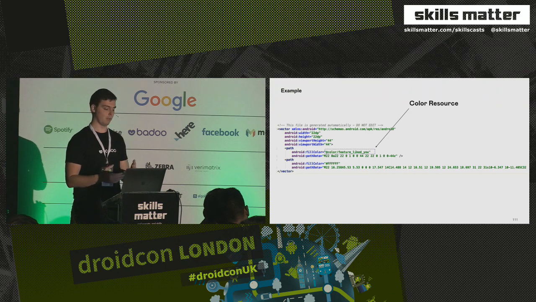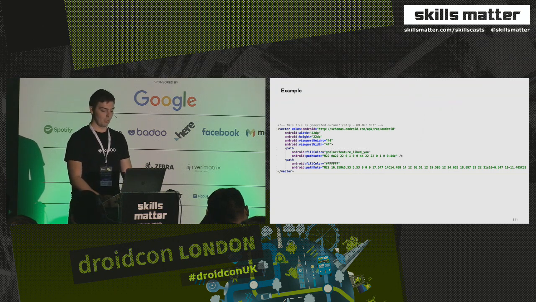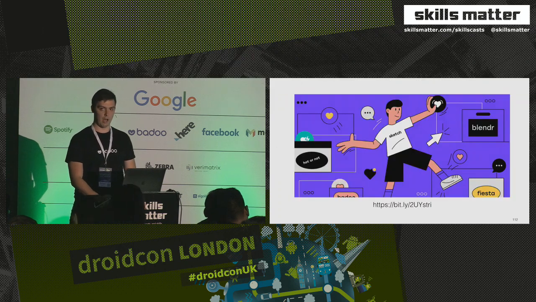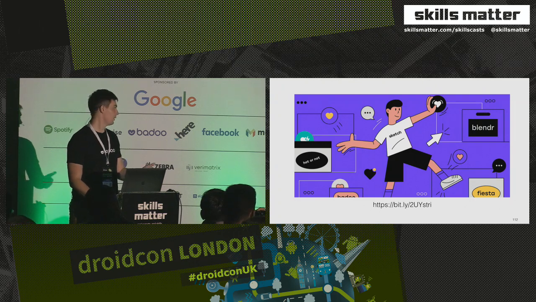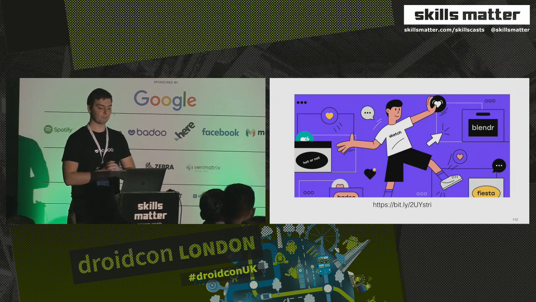And in this case, because vector drawable supports links to color resources, the color will be changed in the icon. We don't even need to run the script for the icon. And we also have an article about how we parse the Sketch file.